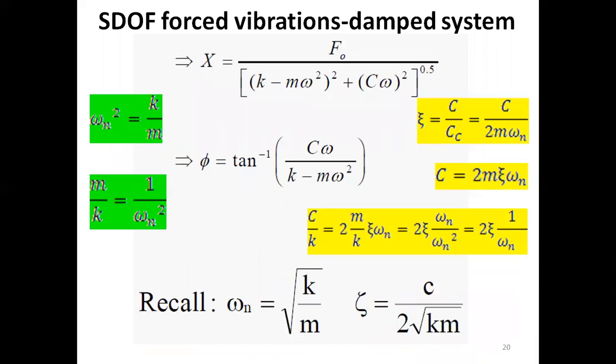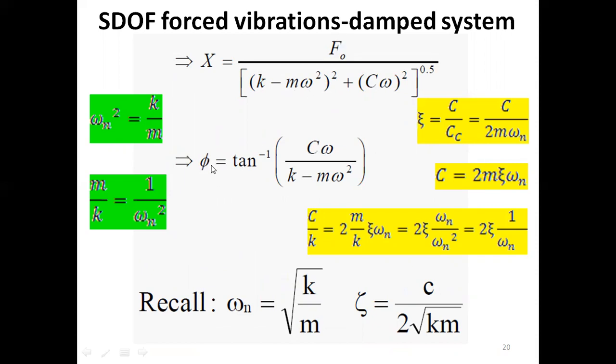So we developed the mathematical model for the amplitude of the steady state response in terms of stiffness, mass, damping, amplitude of the forcing function, and frequency of the forcing function.